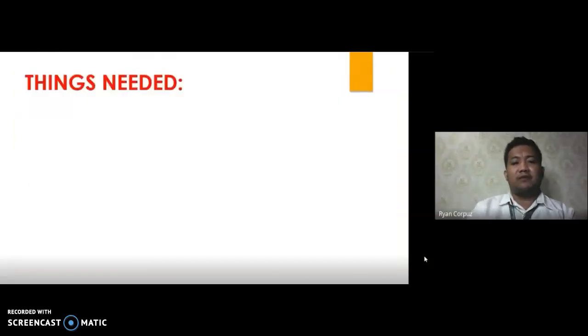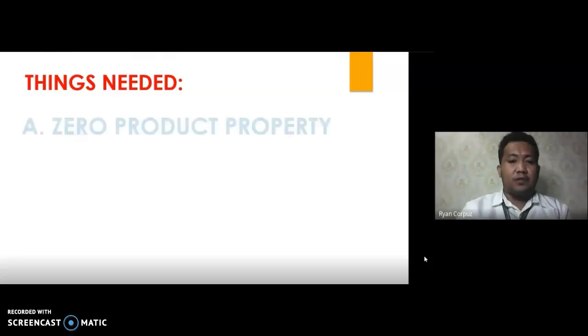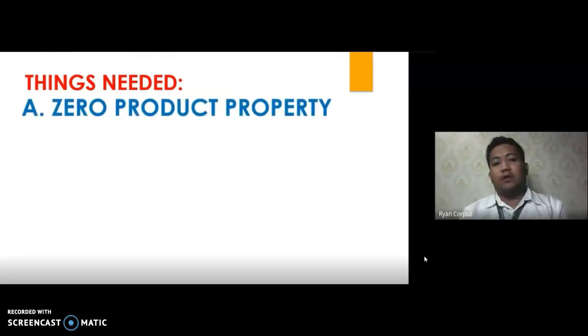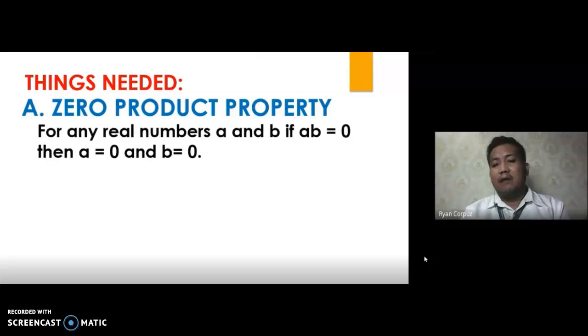So let's start by knowing what are the things that we need in order to solve quadratic equation by factoring. The first thing we need is what we call the zero product property. Zero product property states that for any real numbers A and B, if AB is equal to 0, then A is equal to 0 and B is equal to 0.